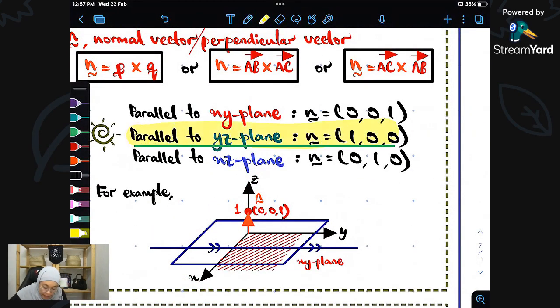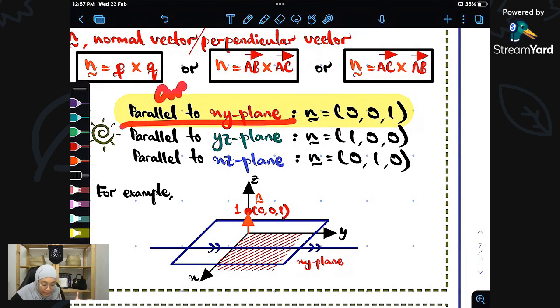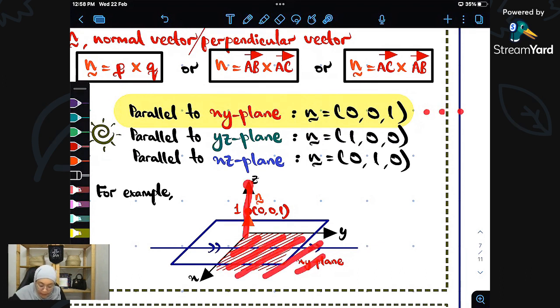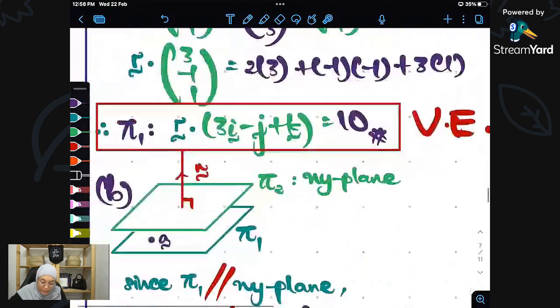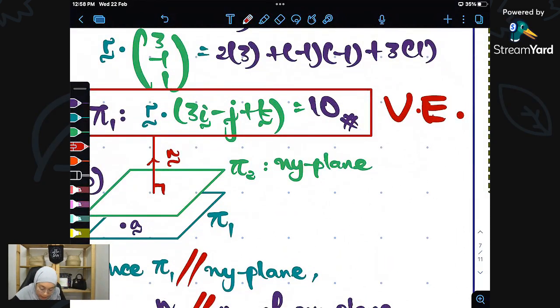Any plane yang parallel to the XY plane, the normal vector adalah 0, 0, 1. So ni gambaran dia, XY plane, ini adalah normal vectornya, 0, 0, 1. Satunya pada koordinat Z lah, betul lah? So 0, 0, 1. So please bear in mind, parallel to the XY plane, tuliskan dulu. Parallel to the XY plane bermaksud the normal vector is equals to 0, 0, 1.